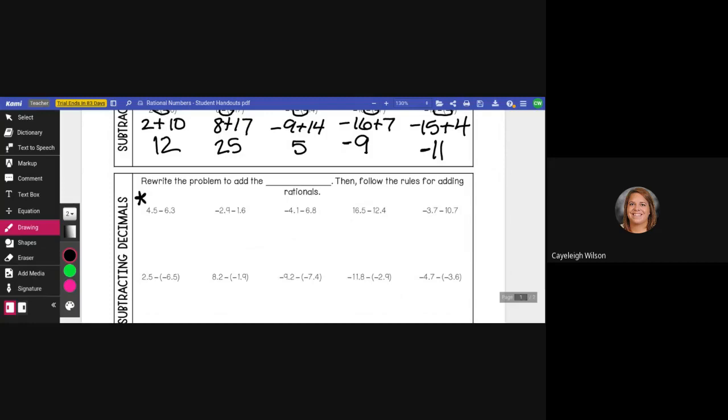So 4.5 minus 6.3. All right, so this is a positive 4.5 and a negative 6.3. So those are different signs, so I subtract. So 6.3 minus 4.5. All right, so I can't do 3 minus 5, so I'm going to have to borrow from this 6.